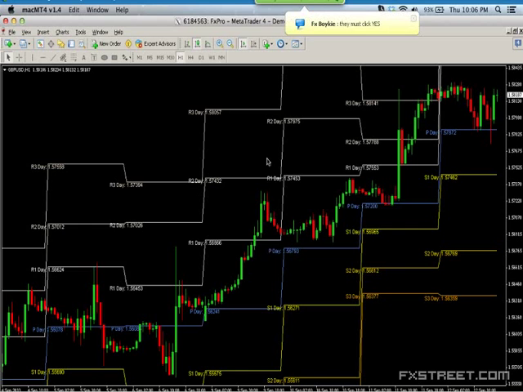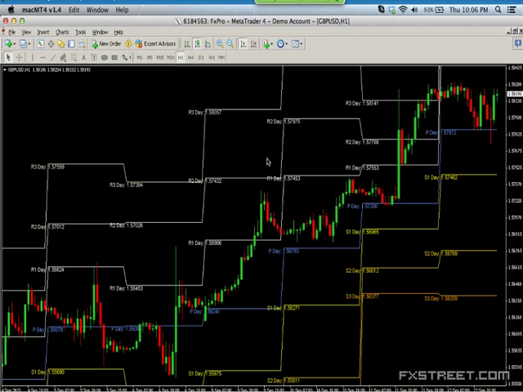With pivot points, what we're taught in the conventional way is to look at pivot points in a specific manner. Now, the reasoning of pivot points is nothing but support and resistance.